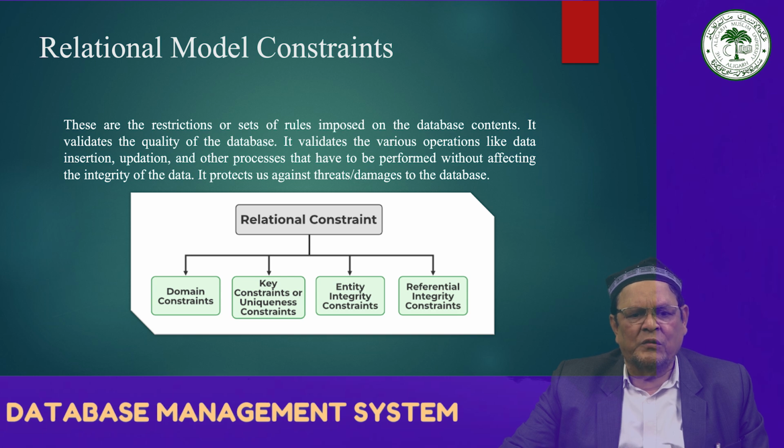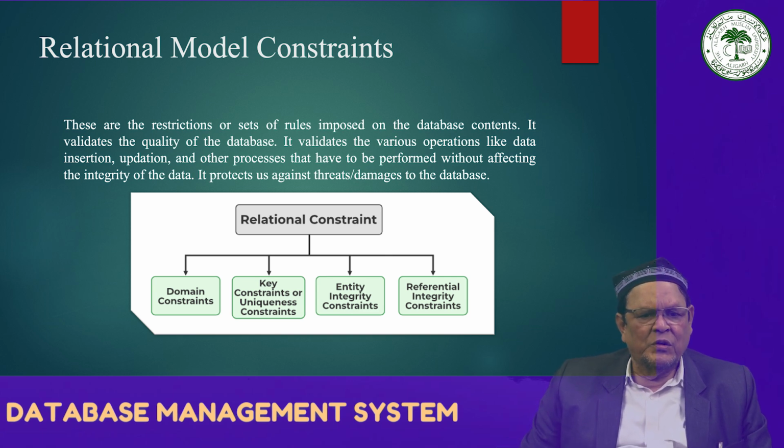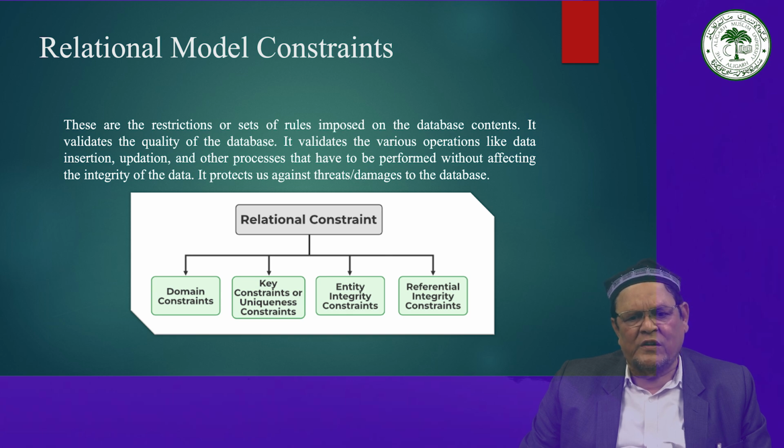By enforcing these constraints, relational databases maintain data quality, prevent inconsistencies, and uphold the integrity of relationships between data entities, ensuring accurate and reliable data storage and retrieval. These are the restrictions or set of rules imposed on the data contents.